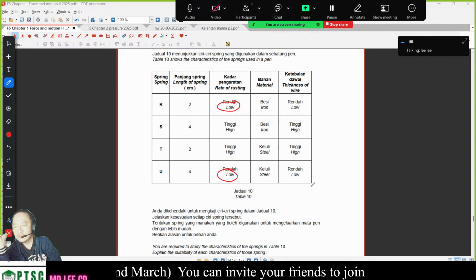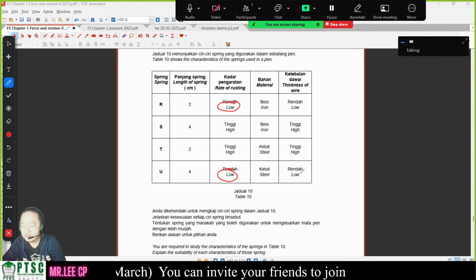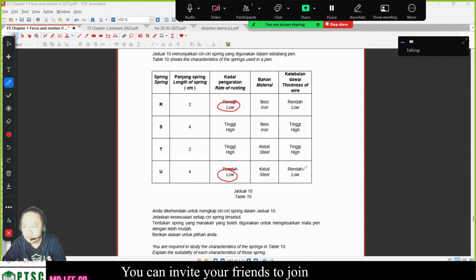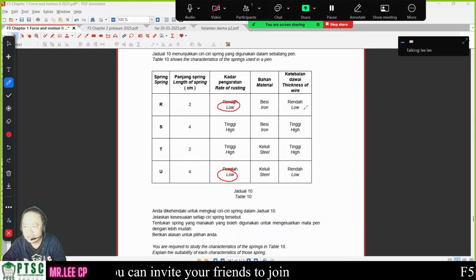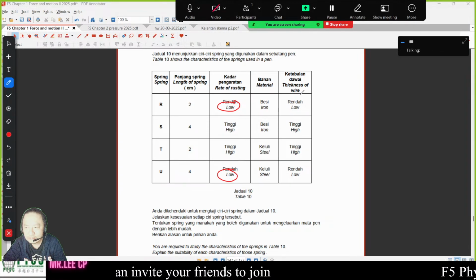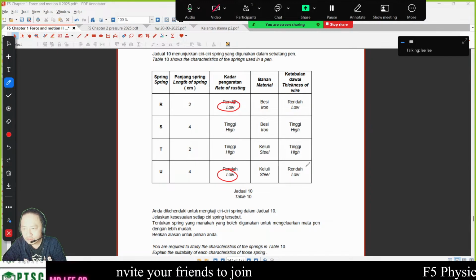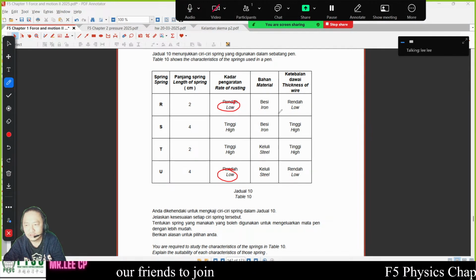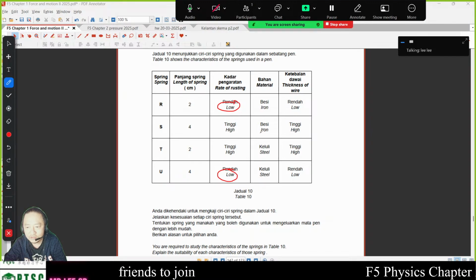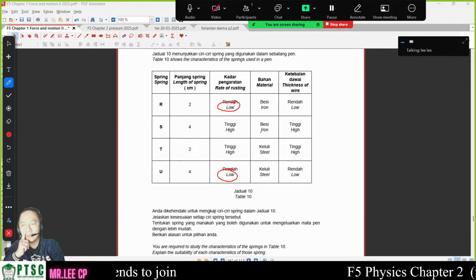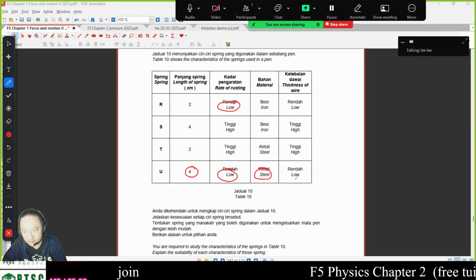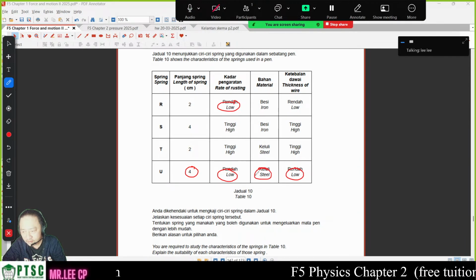Thickness. Thickness low. Thickness of the wire low. Both are low. So in this case, I only can choose, but I want to choose steel. So this one I have to use long, right? Because of steel.